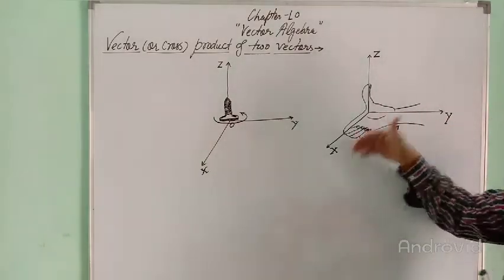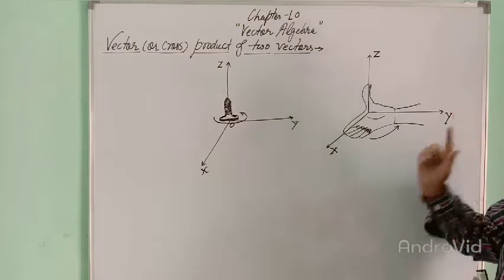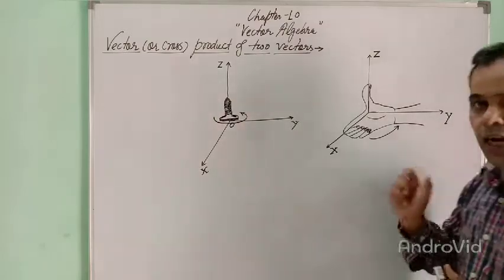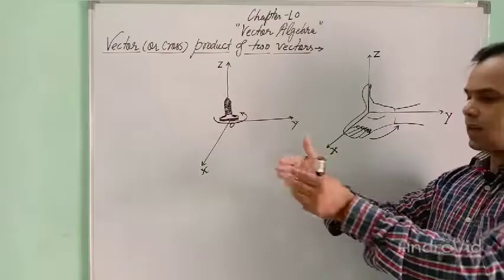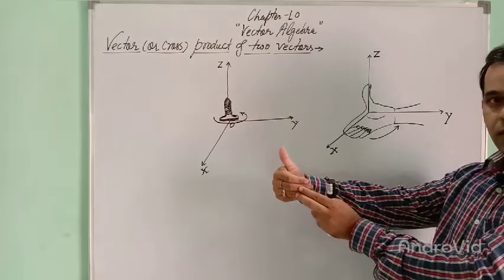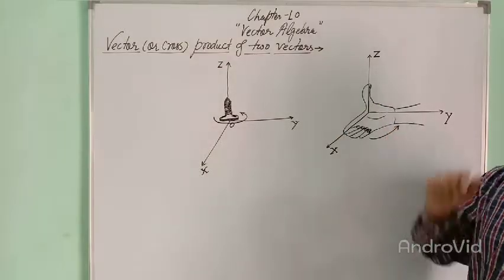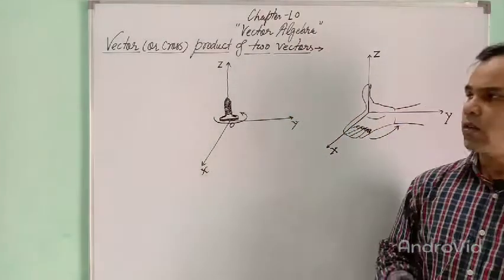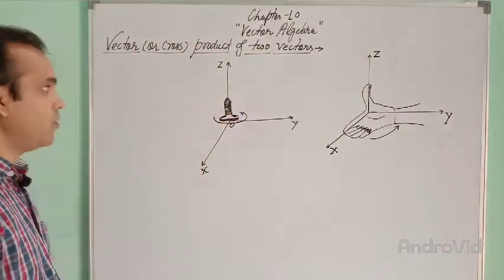When these fingers are curled into the direction of the y-axis, then the direction of the thumb will be the positive z-axis. So this is the three-dimensional right-handed rectangular coordinate system. On the basis of this system, we will define the cross product of two vectors. How? Just understand.